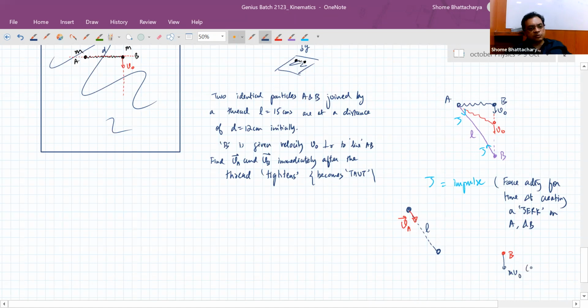And the jerk is acting in this direction. Let's say J. So the impulse is equal to the change in momentum. So final momentum should be equal to initial momentum plus impulse, because impulse is equal to change in momentum delta p. So if you look at the vector sum of these two, it's probably something like this.